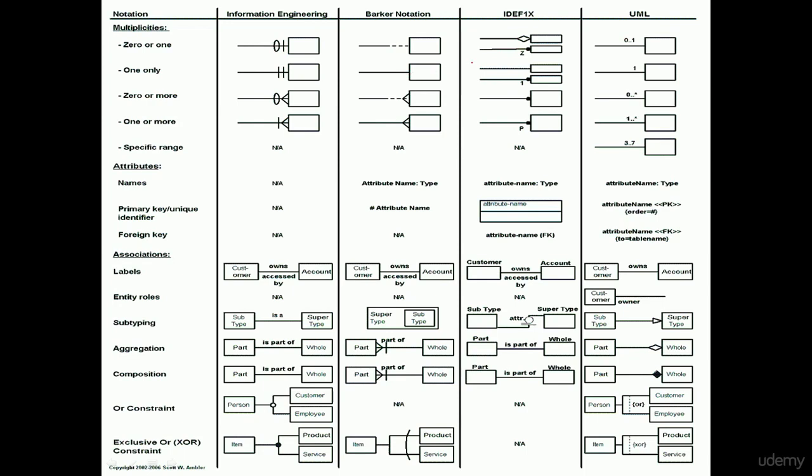And if you look at IDEF1X notation, you can find it uses a slightly different type of symbols to represent the cardinality. In the same way, if you look at UML, you will find exact numbers are used instead of many, or instead of crow's foot, a star is used in UML. So in each notation you can find certain symbols that help us to describe the cardinality between two associated entity types. Thank you.